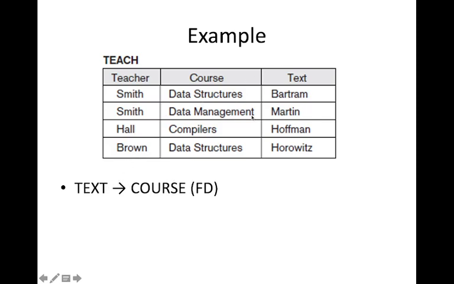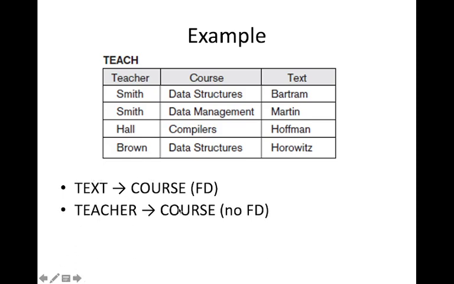Text to course is a functional dependency, because course is functionally dependent on text. If we take t1 of x, when t1 of x is Bottom, there is no other course; whenever Bottom occurs, it is data structures. Then for another t1 of x, Martin, it is always database management. Whenever Hoffman is there, it is always compilers. Whenever it is Horowitz, it's data structures. So text to course: course is functionally dependent on text, or text functionally determines course.